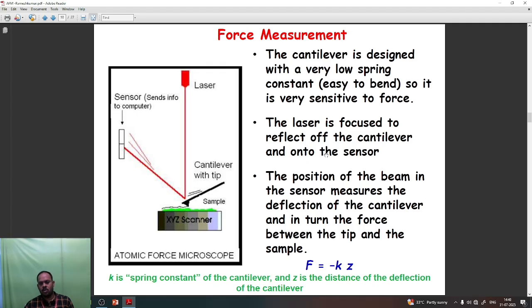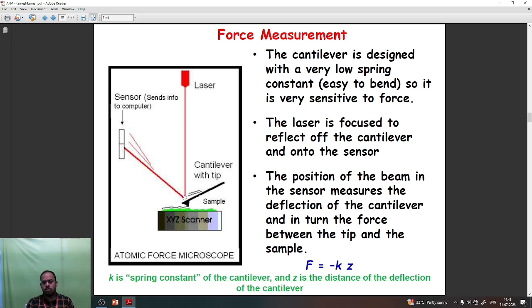This weak van der Waals force will be sensitively monitored by the instrument. The cantilever is designed with a very low spring constant, so it is very sensitive to force. Any small force applied on the cantilever tip, it will respond.